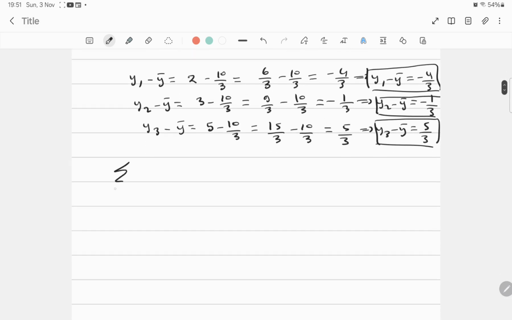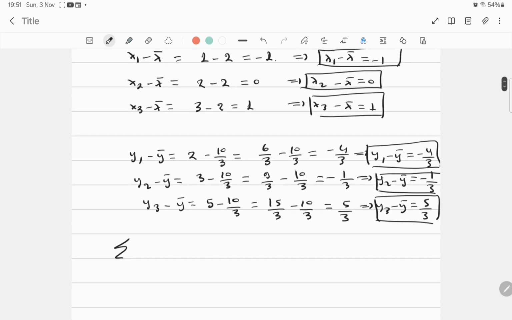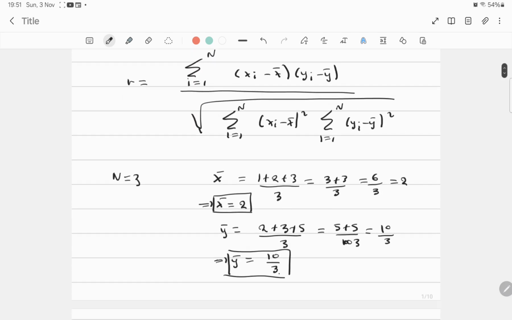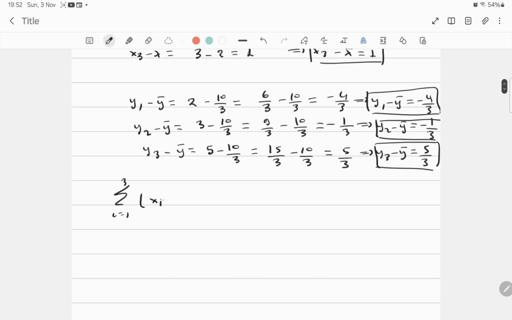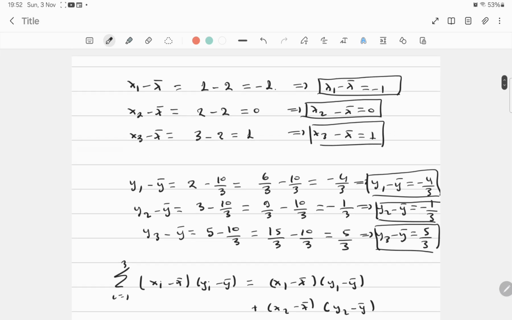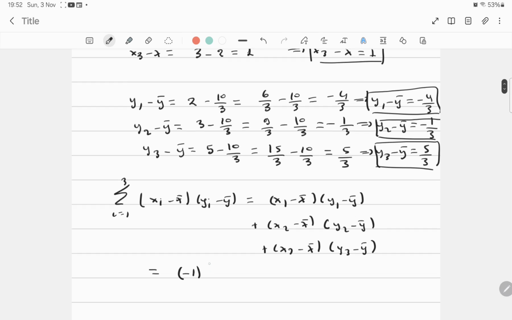Now I need to find the following sum from i equals 1 to 3. I have to find the numerator here. The sum of xi minus x bar times yi minus y bar is x1 minus x bar times y1 minus y bar, plus x2 minus x bar times y2 minus y bar, plus x3 minus x bar times y3 minus y bar. So it is minus 1 times minus 4 over 3.